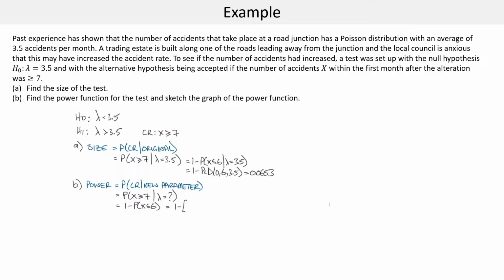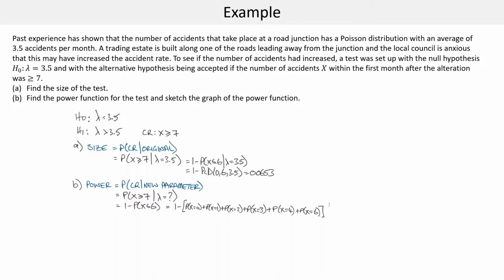So 1 minus less than or equal to 6 is the same as 1 minus the probability of x equaling 0, plus the probability x equals 1, plus the probability x equals 2, and so on. Each of these we can give its original form.